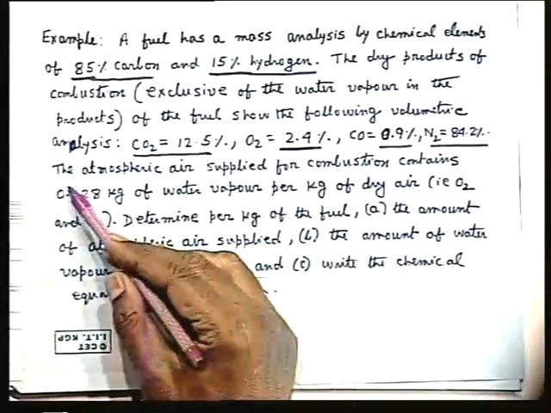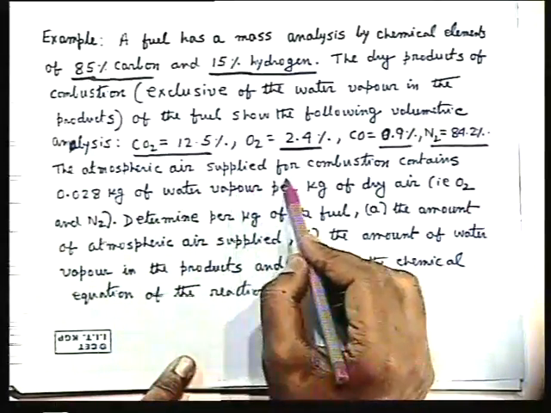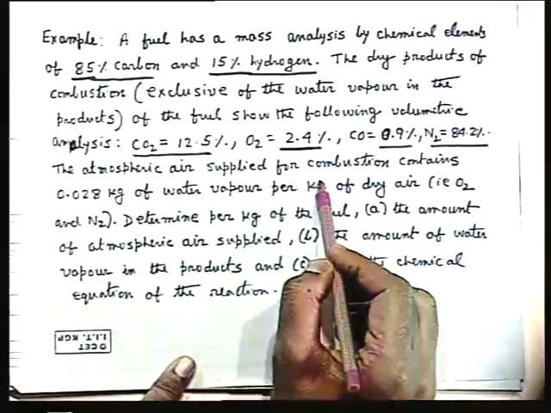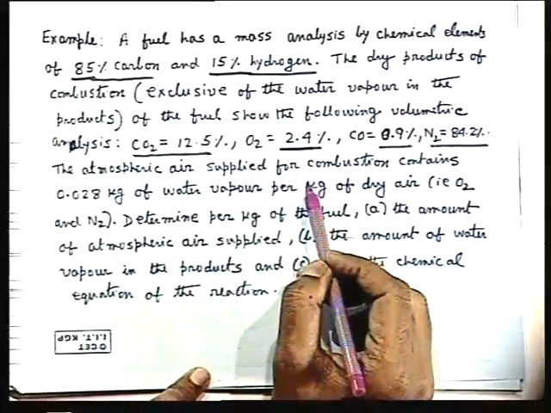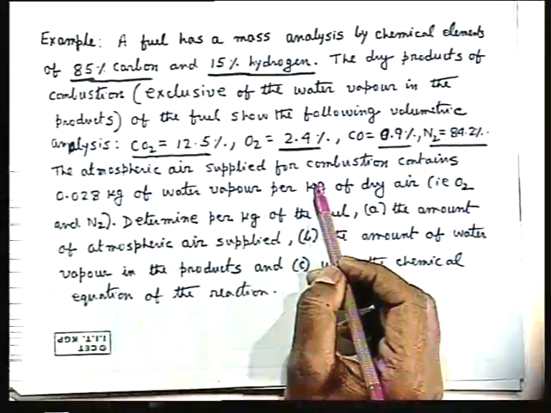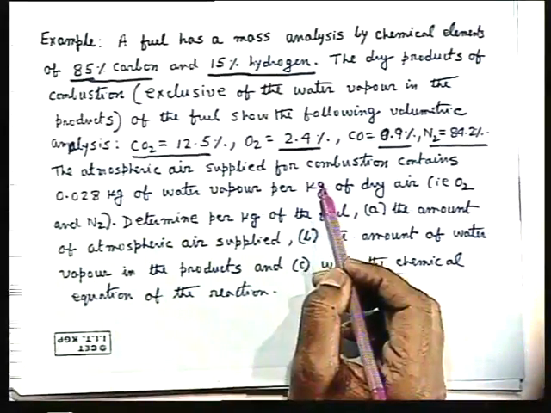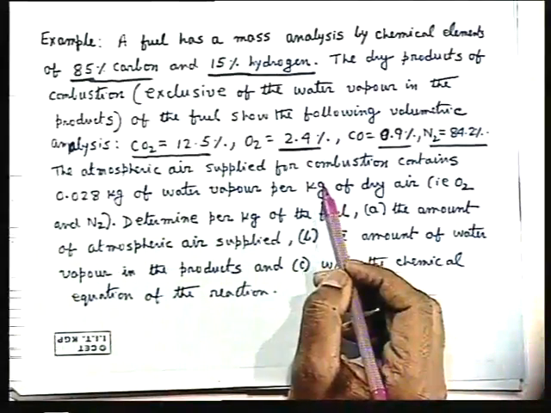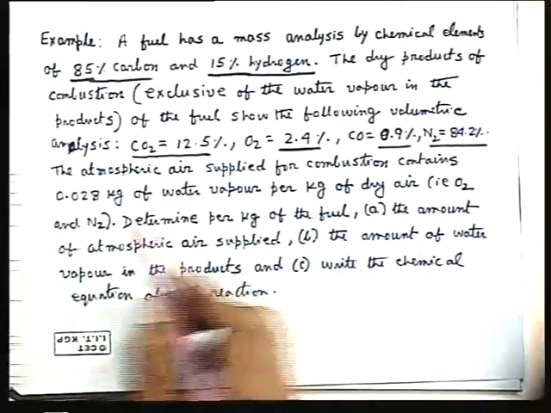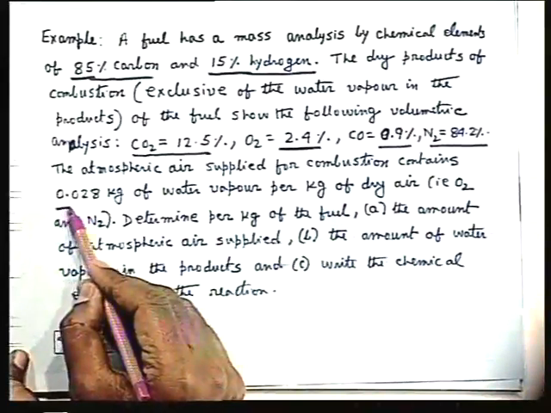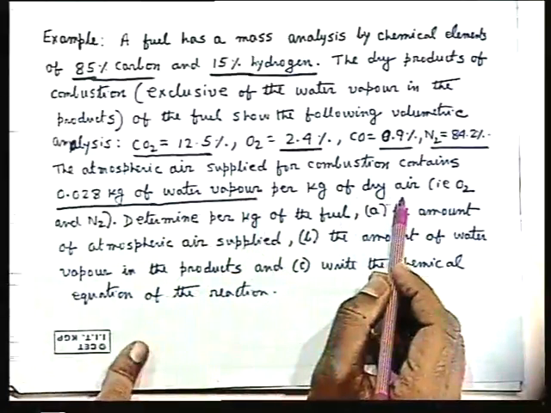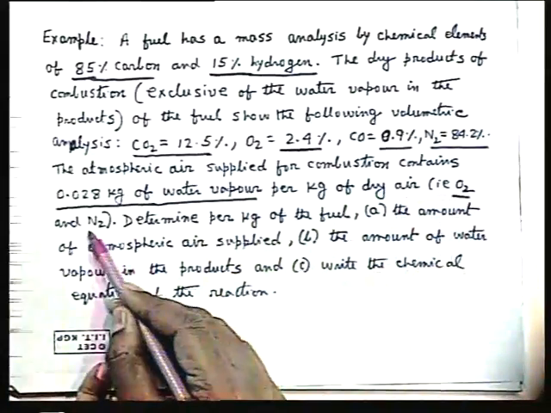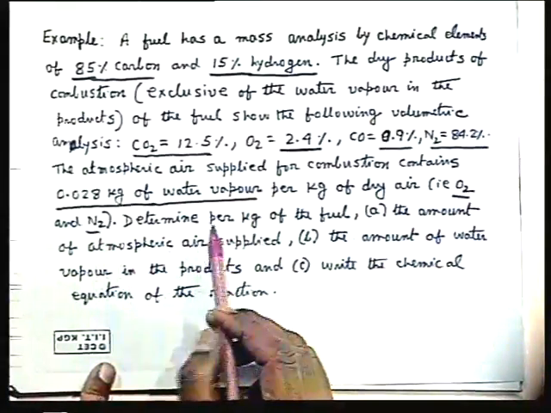The atmospheric air supplied for combustion, which is a rapid exothermic oxidation of a hydrocarbon with oxygen, known as a combustion reaction, contains 0.028 kg of water vapor per kg of dry air. Dry air means oxygen and nitrogen. This is the value given.